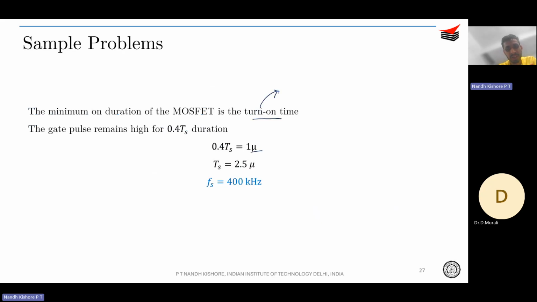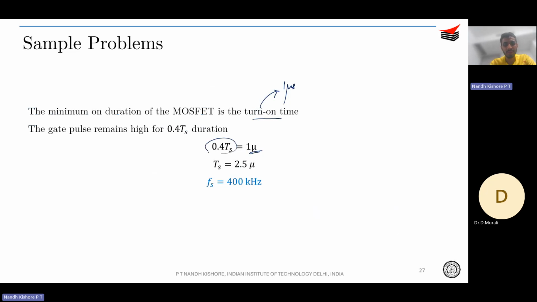That should be the maximum duration for your TS. Your TS cannot exceed this particular interval. So 0.4 TS would be equal to 1 microsecond.